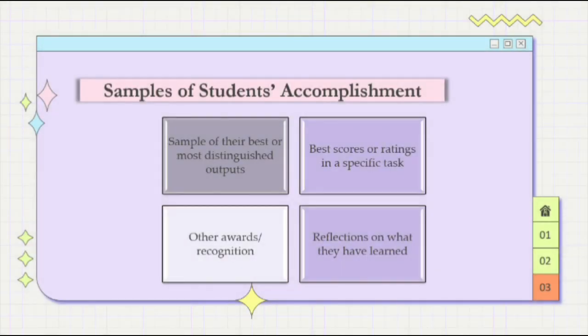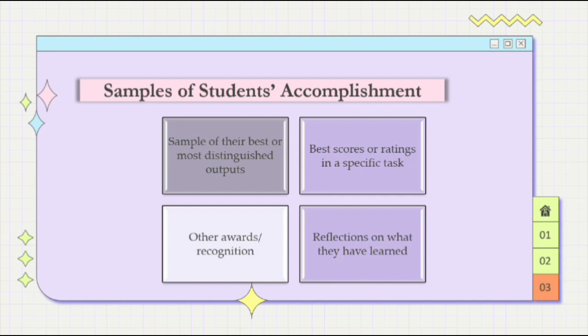Here are the examples of students' accomplishment or work under the Showcase portfolio. Of course, the first one are the samples of their best or most representative work. So in English subject, this could include the essays or other written texts or outputs that students deemed as the most distinguished or the best outputs they have written during the entire academic year or grading period.